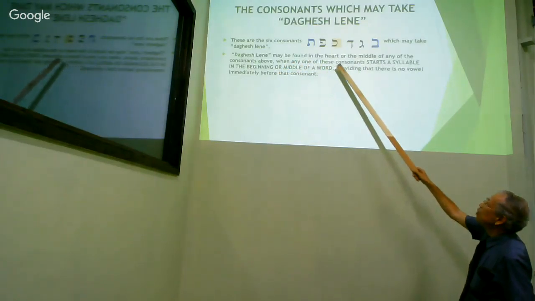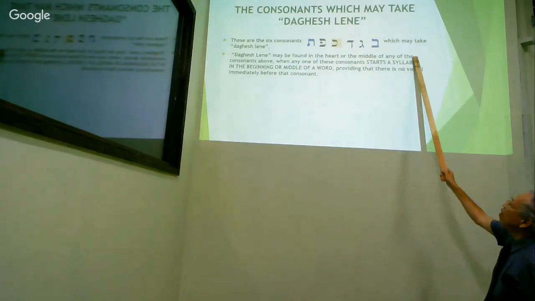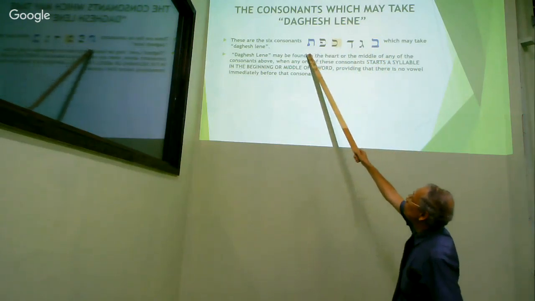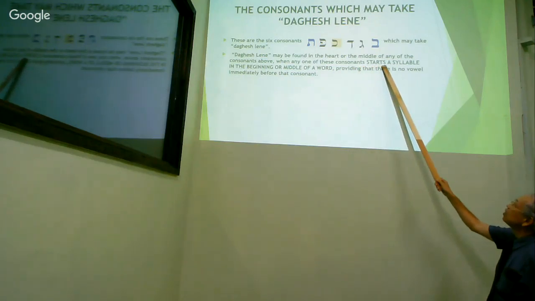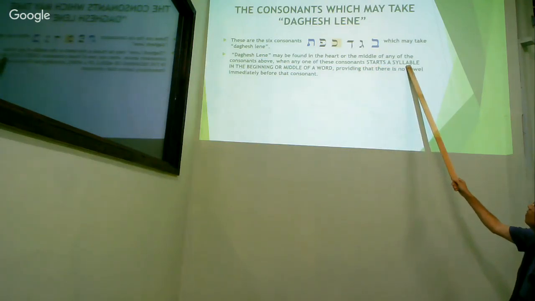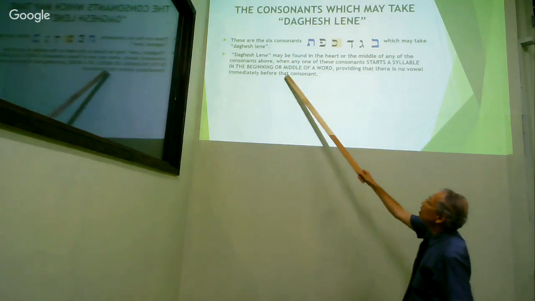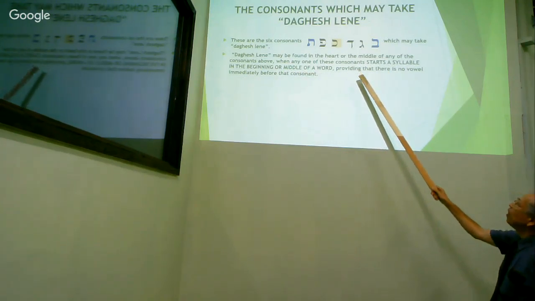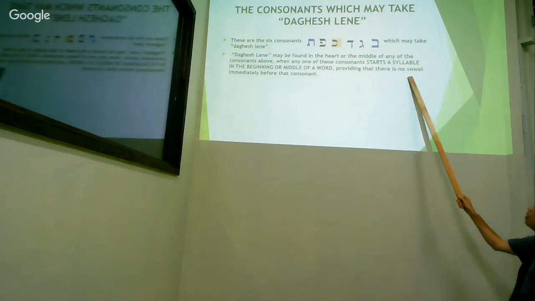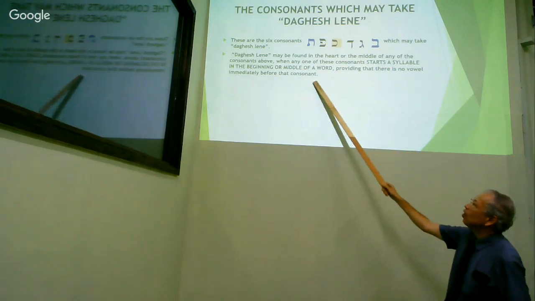Daghesh Lene may be found in the heart or the middle of any of the consonants above when any one of these consonants starts a syllable in the beginning or middle of a word, providing that there is no vowel immediately before that consonant.